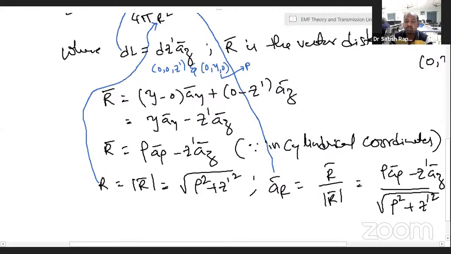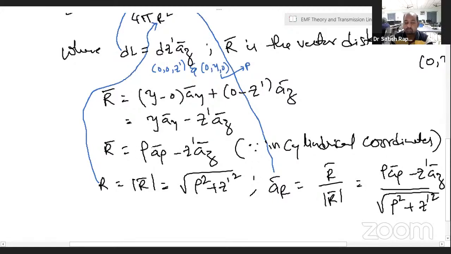So therefore, this point minus the remaining: 0 minus 0, y minus 0, 0 minus z dash. So y minus 0 ay bar and 0 minus z dash az bar. So we will get y ay bar minus z dash az bar.